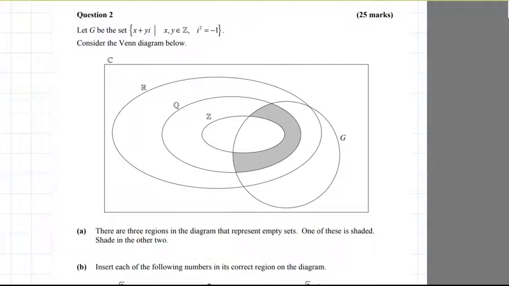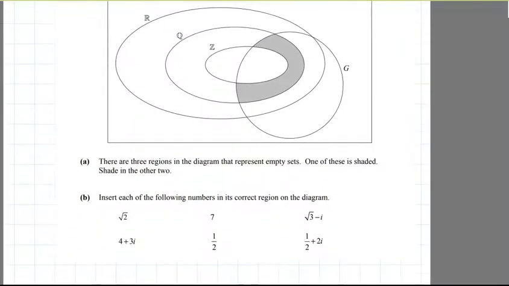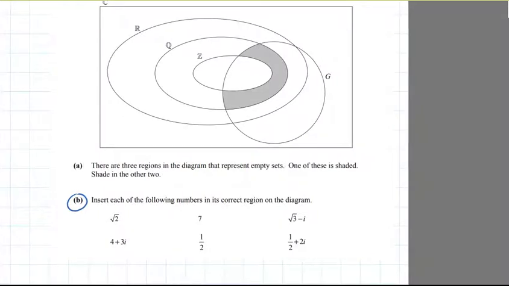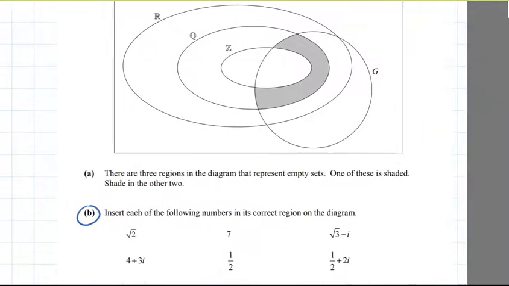Okay, with that in mind, let's do part A and B. It turns out part B is easier to do, because if you do part B first, A just falls into place. Insert each of the following numbers in its correct region on the diagram. So the root of 2, for example, would be a rational number. Sorry, irrational number. So it belongs out here in the irrational section. It's in the real numbers, but not in the rationals Q. The number 7, well, we might think of putting 7 in the integers.